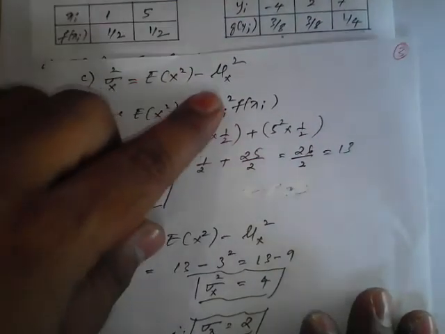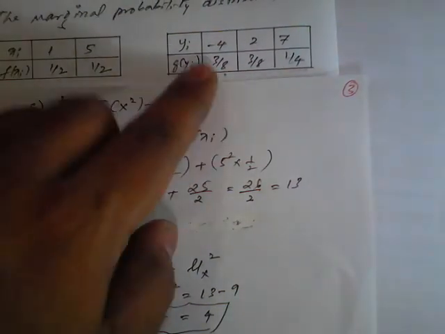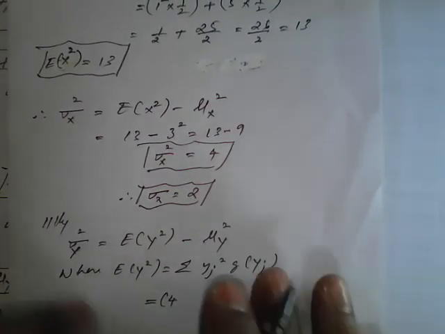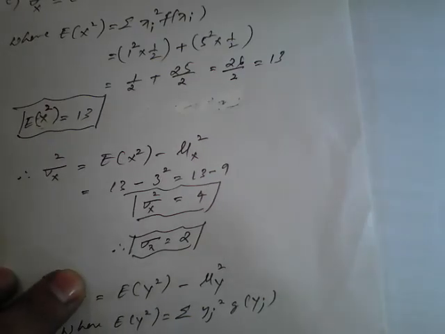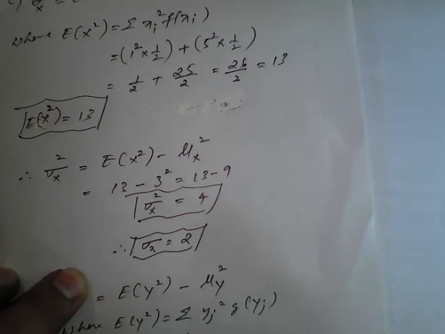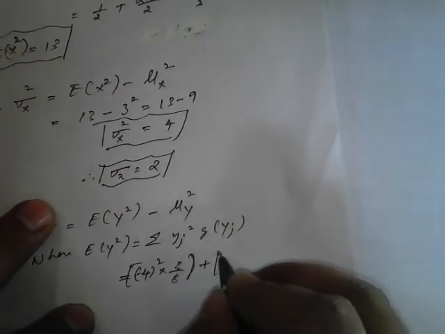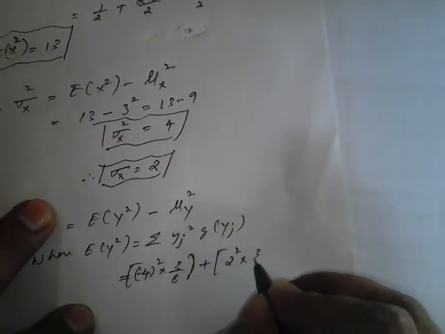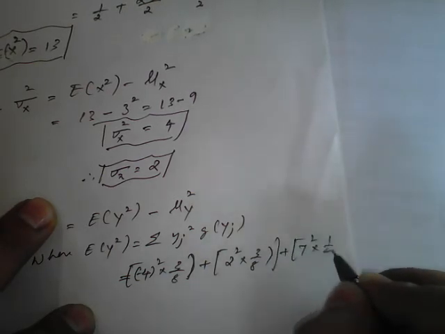Go back to the table and use the marginal distribution: minus 4 square into 3 by 8 plus 2 square into 3 by 8 plus 7 square into 1 by 4.